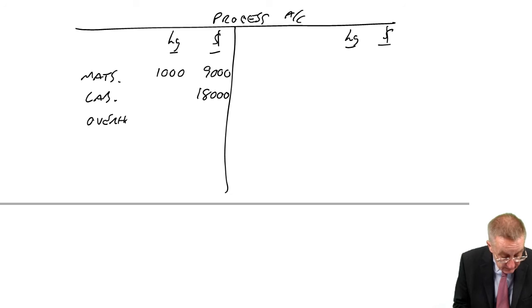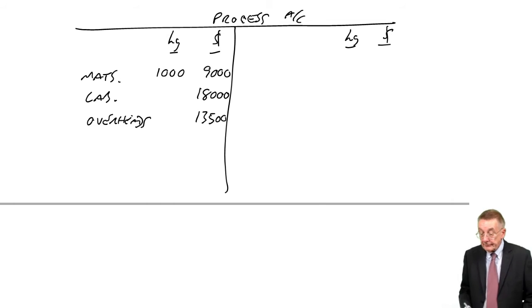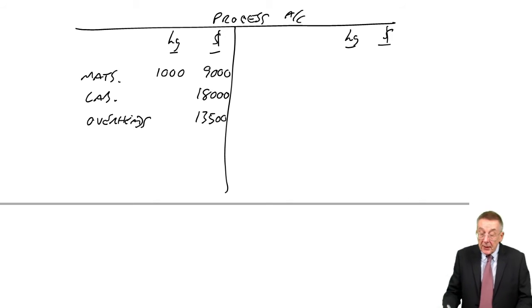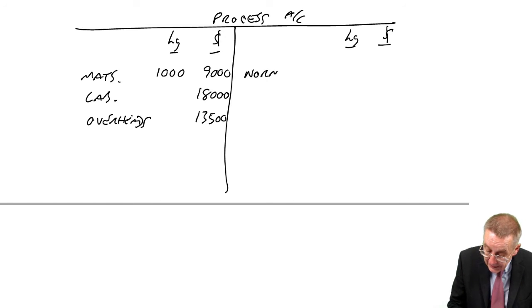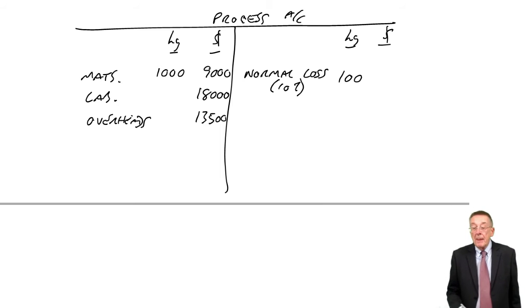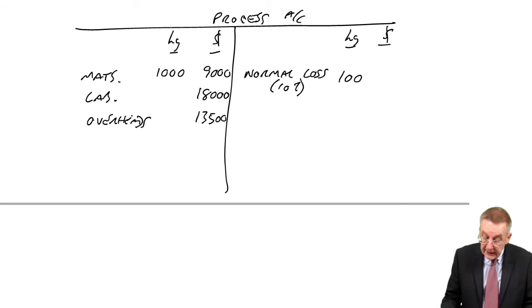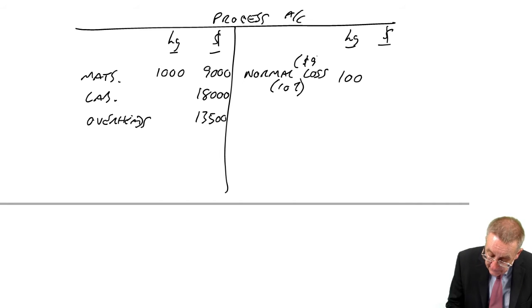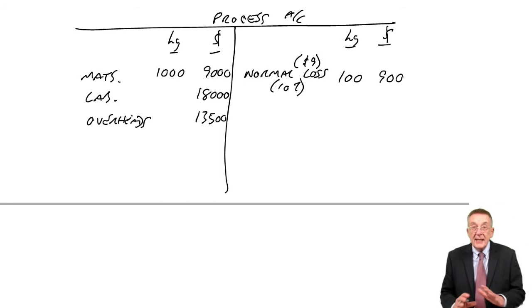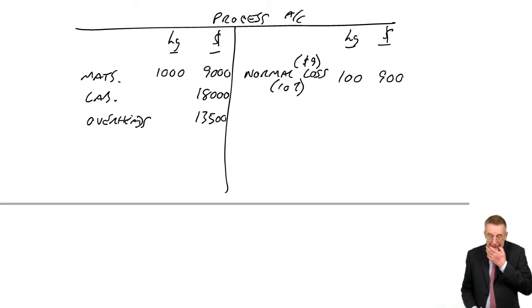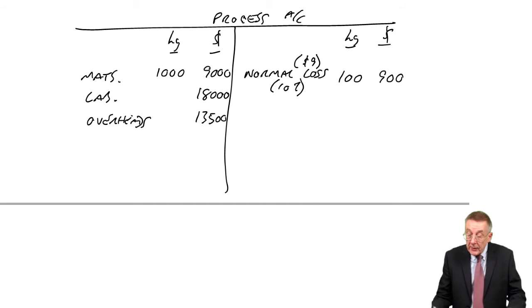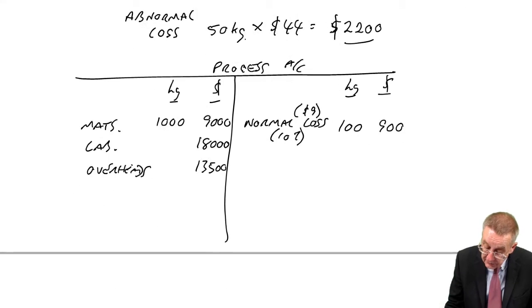Overheads, 13,500. Immediately we bring in any normal loss. It was 10%, so 100. And remember, we bring them in at the scrap value of $9, 900, effectively a negative cost. At that stage we do our costings and we get $44 a unit.